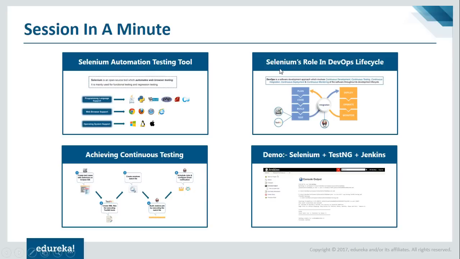Then I spoke about its role in the DevOps lifecycle, how it works along with TestNG and Jenkins to perform continuous testing, and the different steps needed to achieve continuous testing. Finally, I gave you a demonstration of the same. I showed you how to build your own Jenkins job and schedule tests. That's the end of my session.